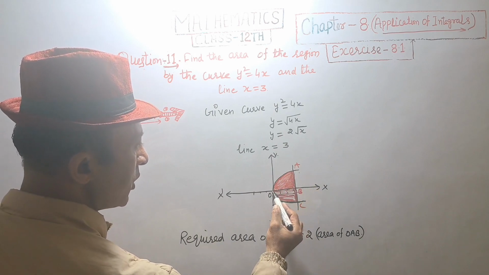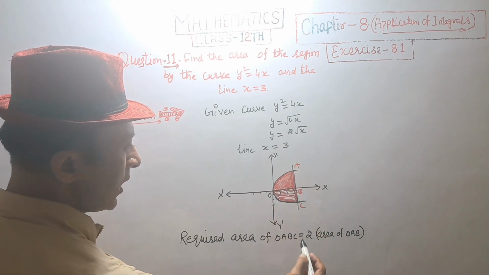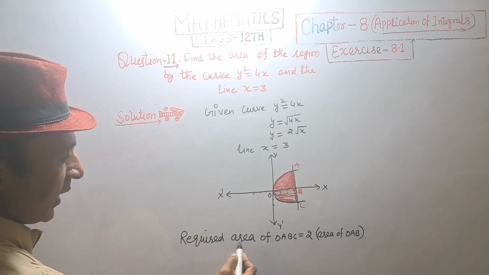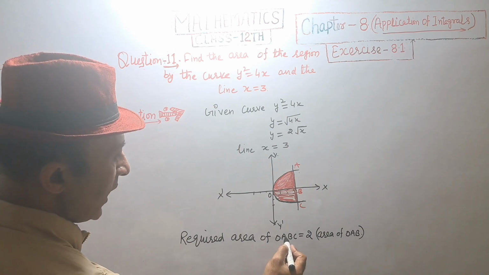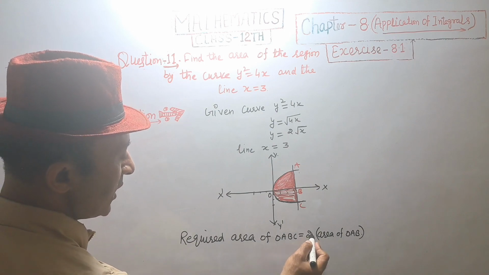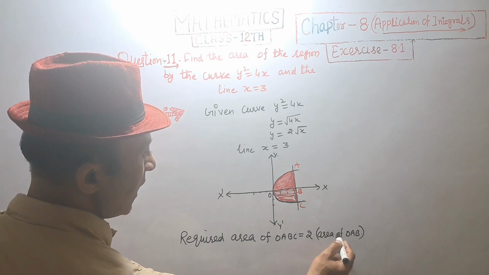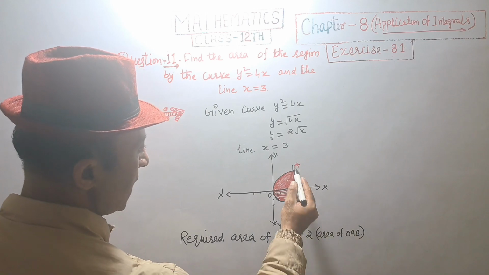OAB is equal to OCB, and required area of the shaded region, that is OABC, is equal to double of area of OAB.